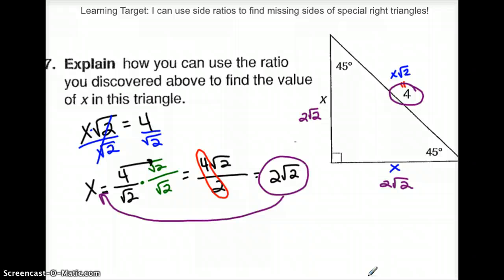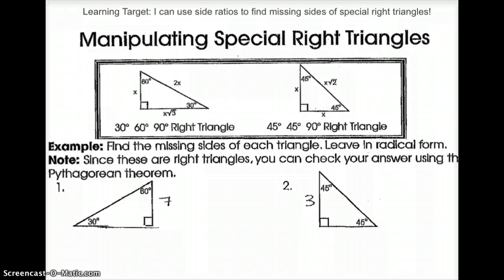So as long as we have one side, we're able to find the other two when we have these special right triangles using these side ratios. I only showed you a 45-45 so far, which is the side ratios we just figured out ourselves. I didn't want to make you do another exploration with a 30-60-90, so I'm just giving it to you here.